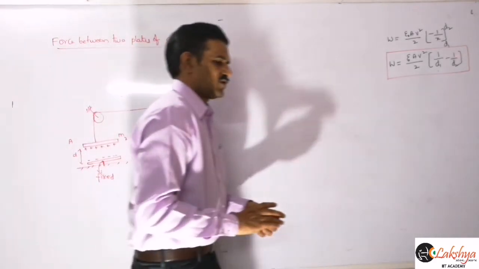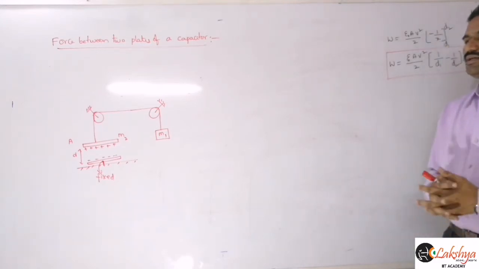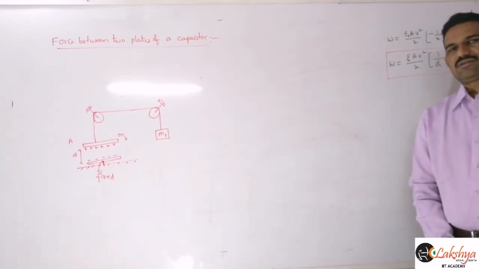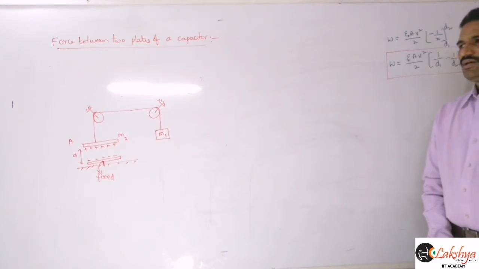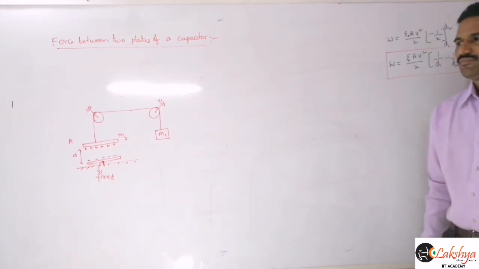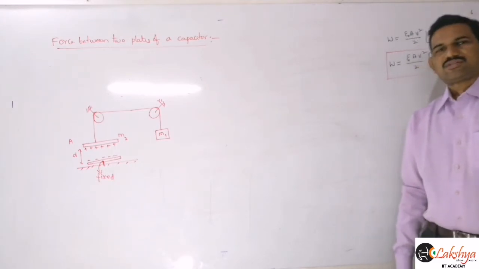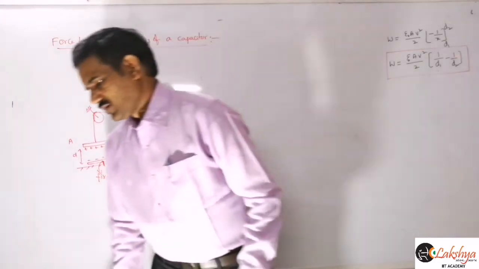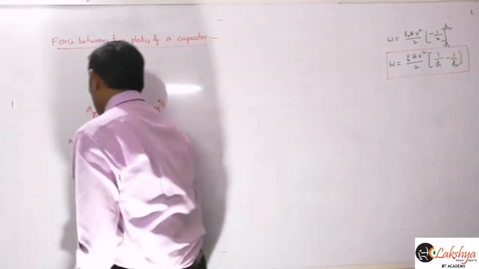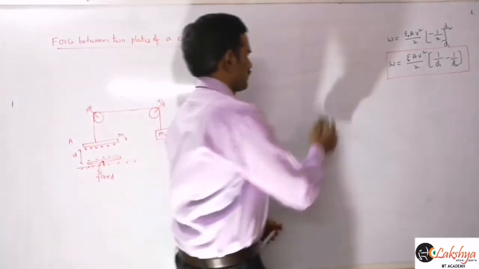In the system shown in figure, A is the area of each plate of the capacitor and M2 is the mass of each plate of the capacitor and Q is the charge on the capacitor.